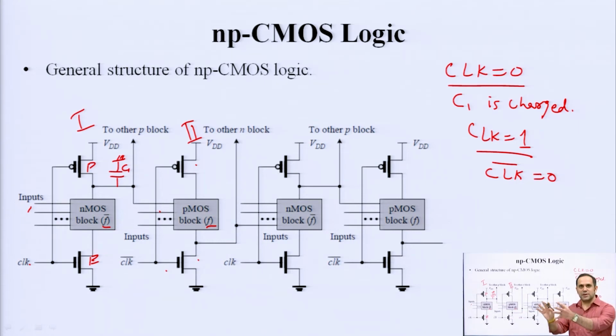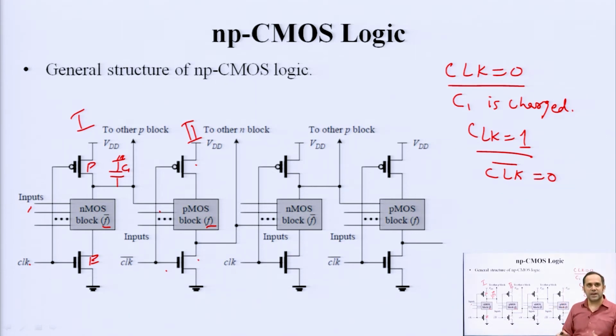So, whatever is being charged in stage 1 cannot affect stage 2, and whatever is happening in stage 2 cannot affect stage 3 and so on. This is how, instead of a plain cascade connection, you are basically isolating successive stages, the outputs of successive stages from each other. This is how you are maintaining signal integrity and not allowing the charge to decay.